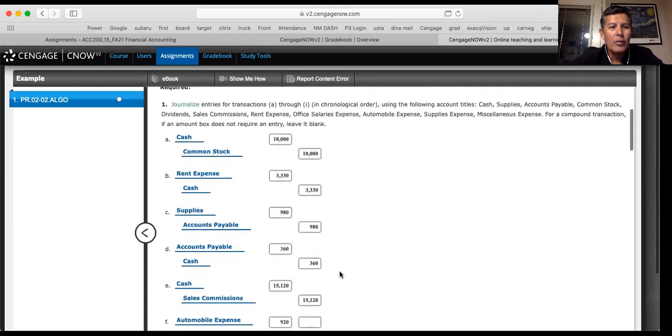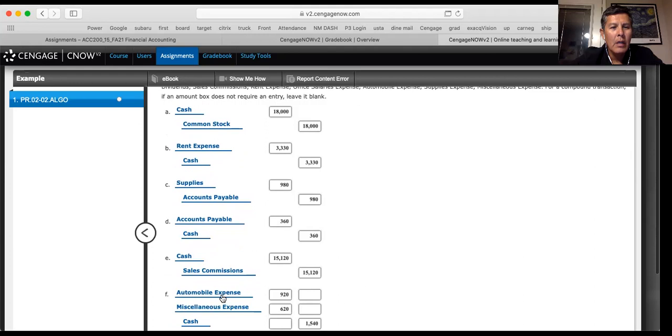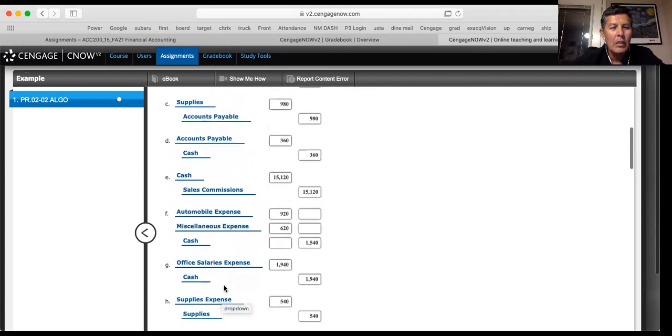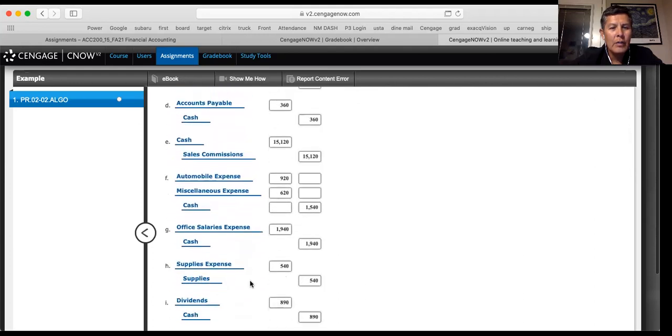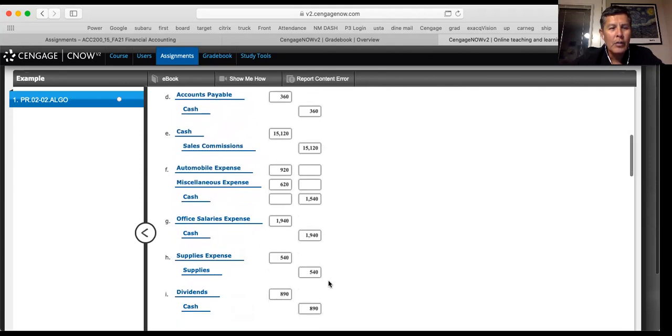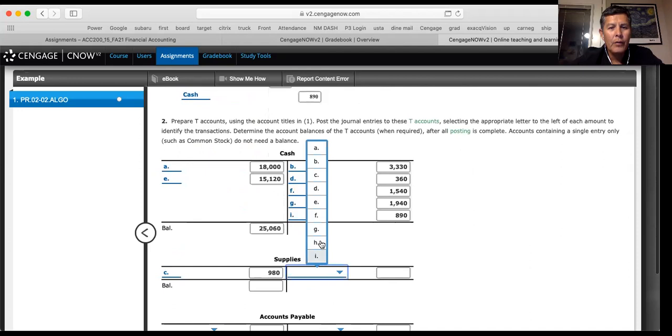Now I have to go through again. C, D, E, F, G, H, supplies. Look at that, supplies, not supplies expense, but supplies for 540. So H, 540.